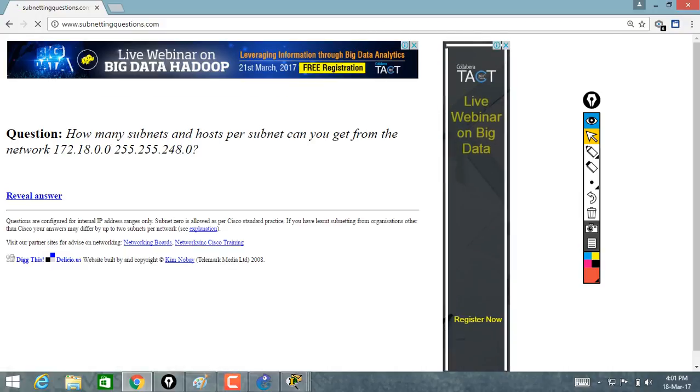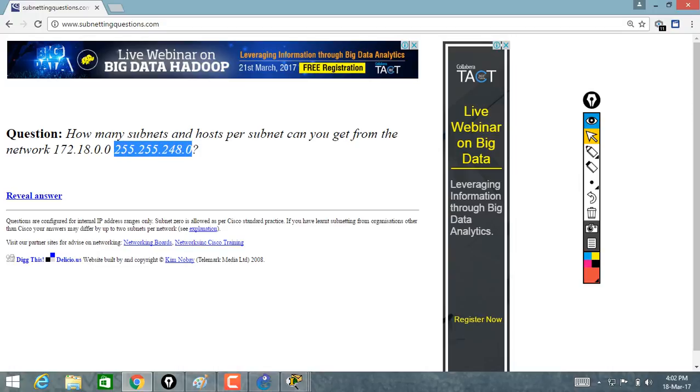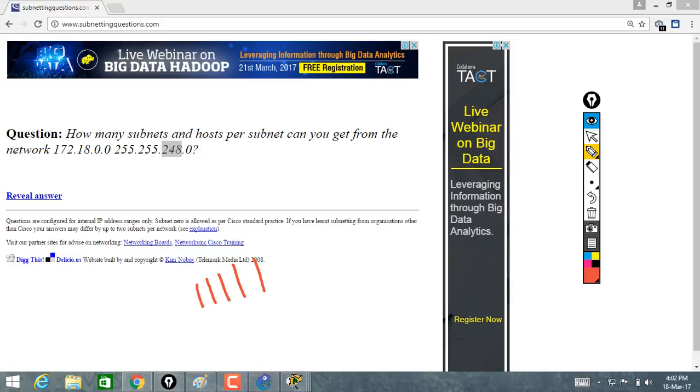See what they have asked. They have asked how many subnets and hosts per subnet can you get from the network. So convert this into a slash. They have written 248. So 248 means how many bits will be on in this particular octet? 1 2 3 4 5.